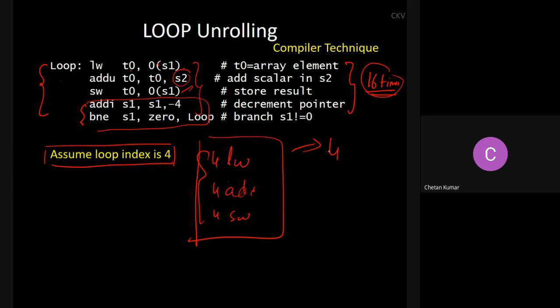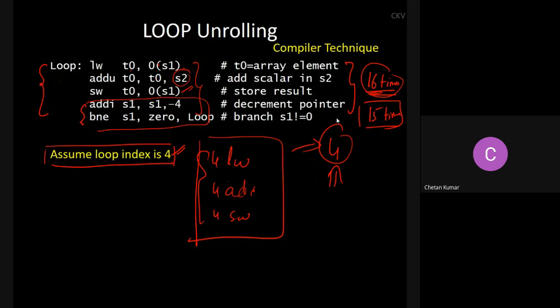It will work out if the number of times the loop executes is a multiple of the loop index. Now, what if the loop is supposed to run 15 times only? How do you manage that?